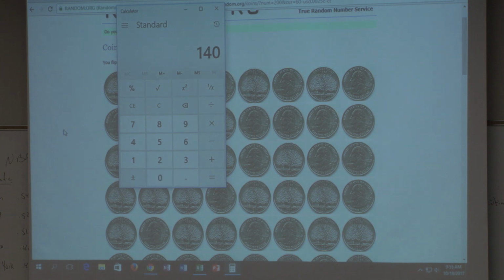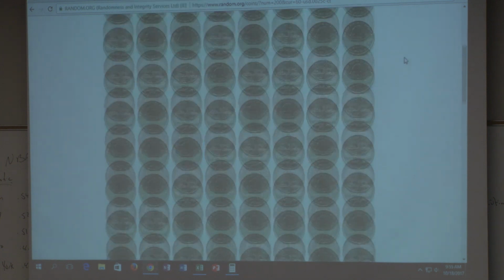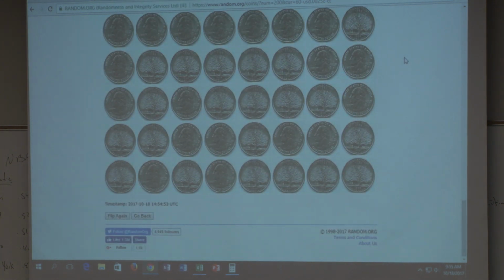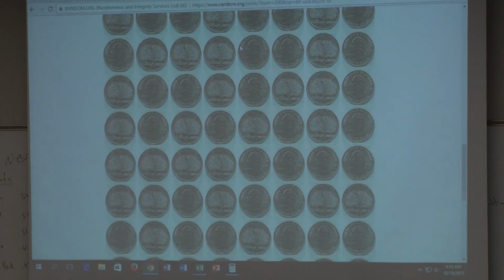How likely do you think this is 140 heads and 60 tails? Less likely, right? Whatever this number is, and I don't know what this is, it's just some number. I wish it told you at the bottom. I thought it did, but maybe I was wrong.